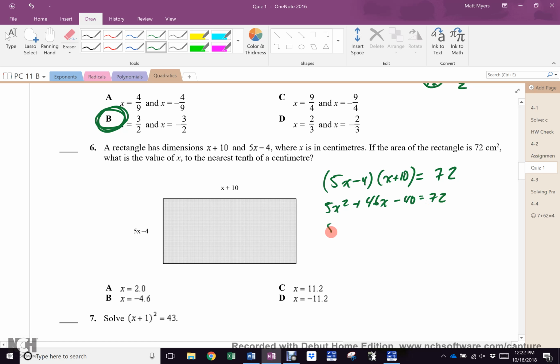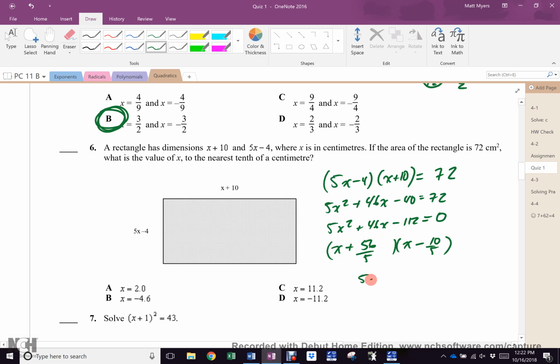Which means you also know 5x squared plus 46x minus 112 would have to equal 0, yeah? Which you also know that x plus 56 over 5 and x minus 10 over 5 will give you 56 minus 10 is 46, 56 times 10 is 560.